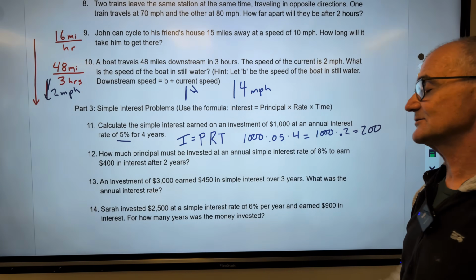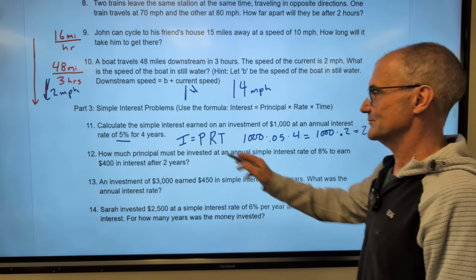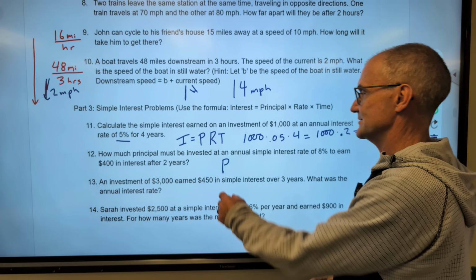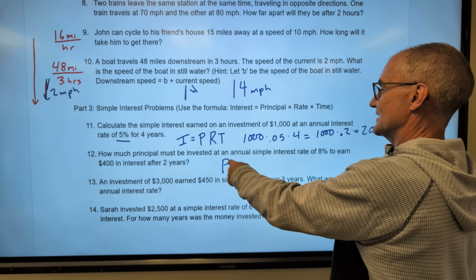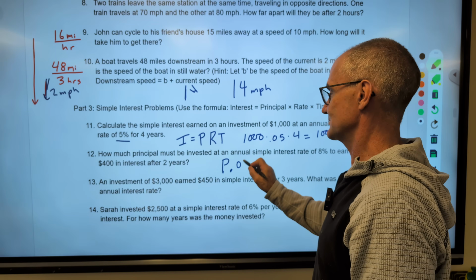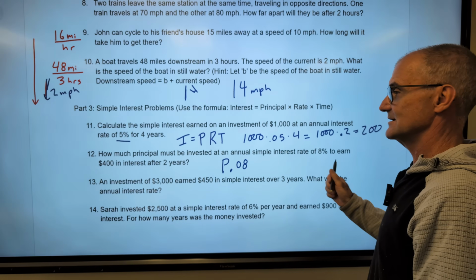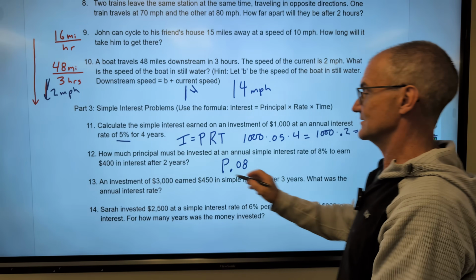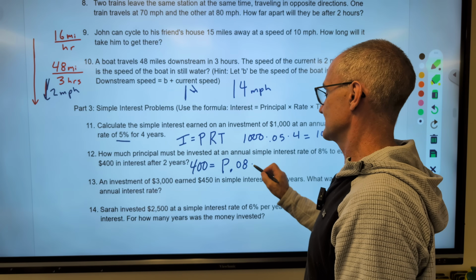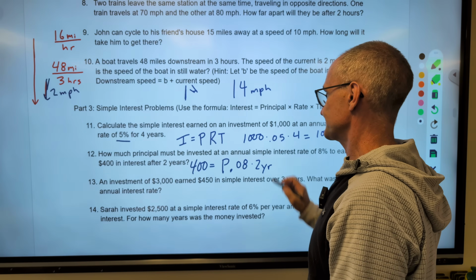Okay, this one right here, 12, is a little bit harder. How much principal, so I'm looking for the principal here. How much principal must be invested at an annual interest rate of 8% to earn $400? My interest is $400 in 2 years.